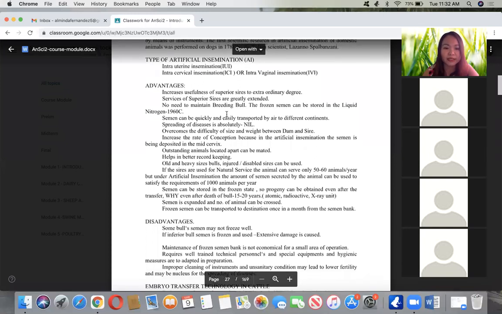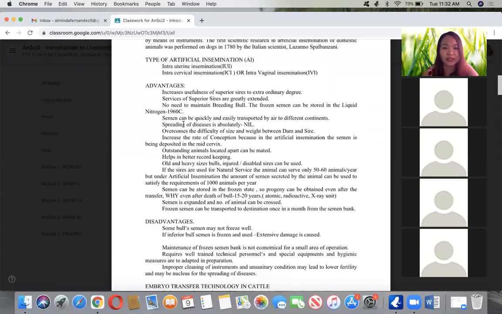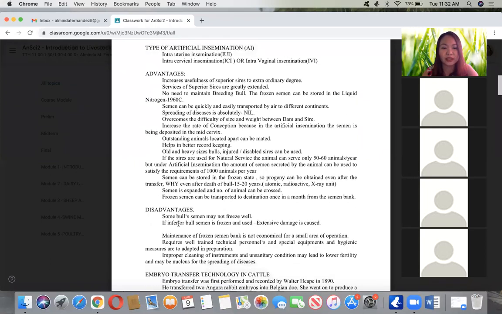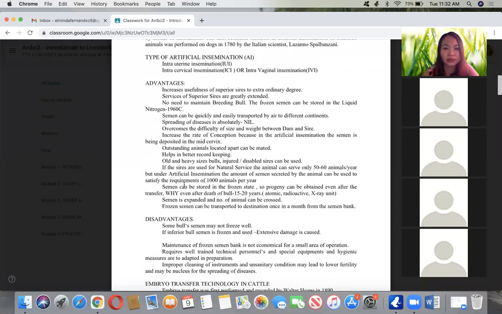They have various advantages and disadvantages. These include increased usefulness of superior sires, the services of superior sires are greatly extended, and there is no need to maintain a breeding bull, because there is a source of semen. These are frozen in liquid nitrogen at up to minus 196 degrees Celsius.